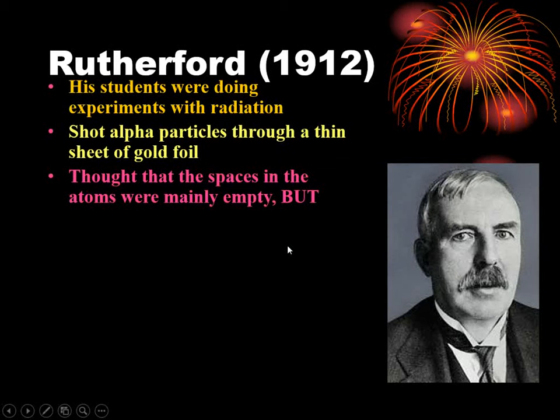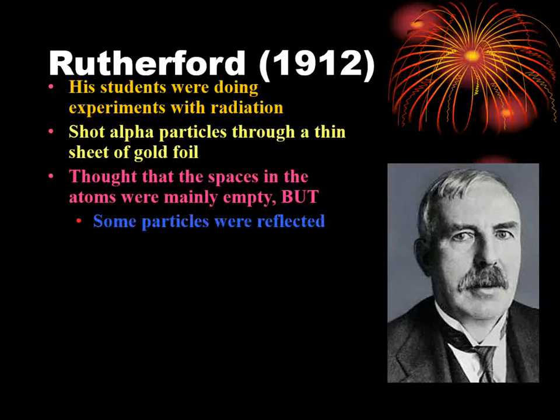Okay? And there's Rutherford. Okay, 1912. His students were doing experiments with radiation, and he shot alpha particles at gold foil, really, really thin gold foil. He thought that the spaces in the atoms were mainly empty, but some particles were reflected, okay? And so he was the one that noticed that there was something there, okay?